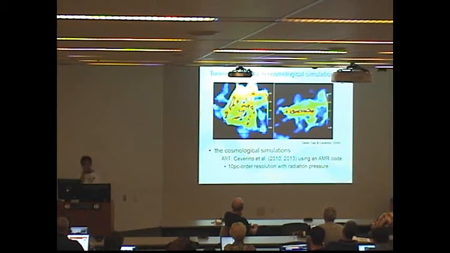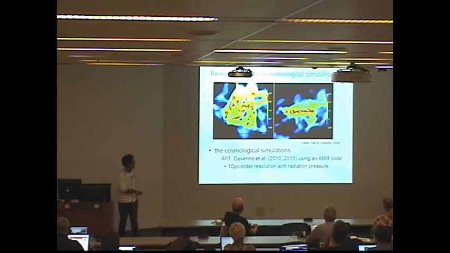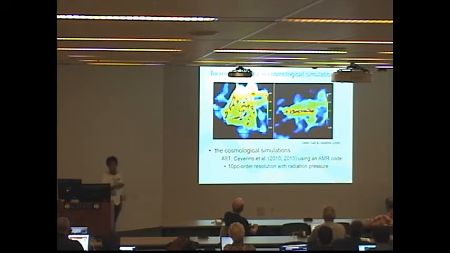Okay, so I utilize the cosmological simulation shown here, performed by Ceverino et al., using the AMR code ART. This simulation has a very high resolution, and radiation pressure has been implemented in the simulation.